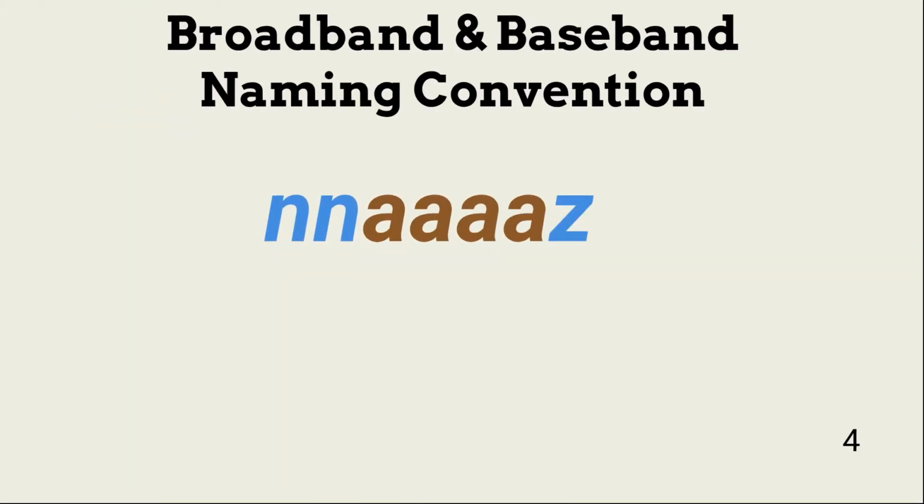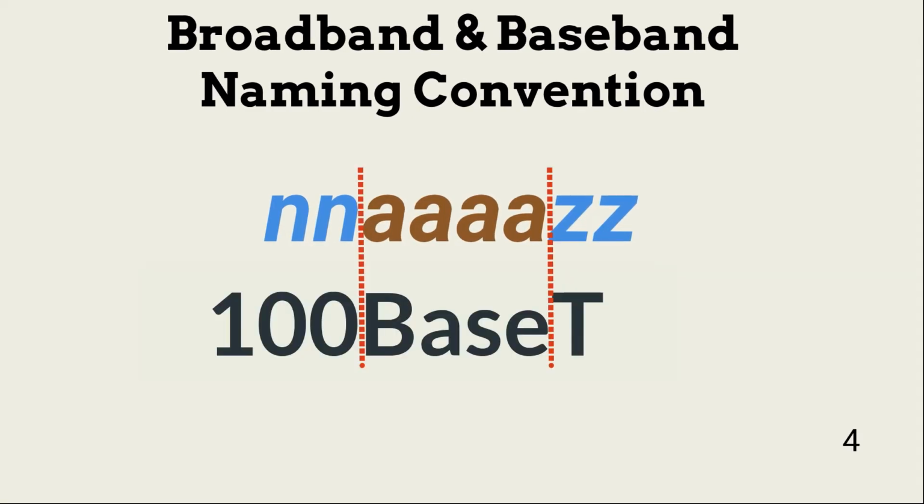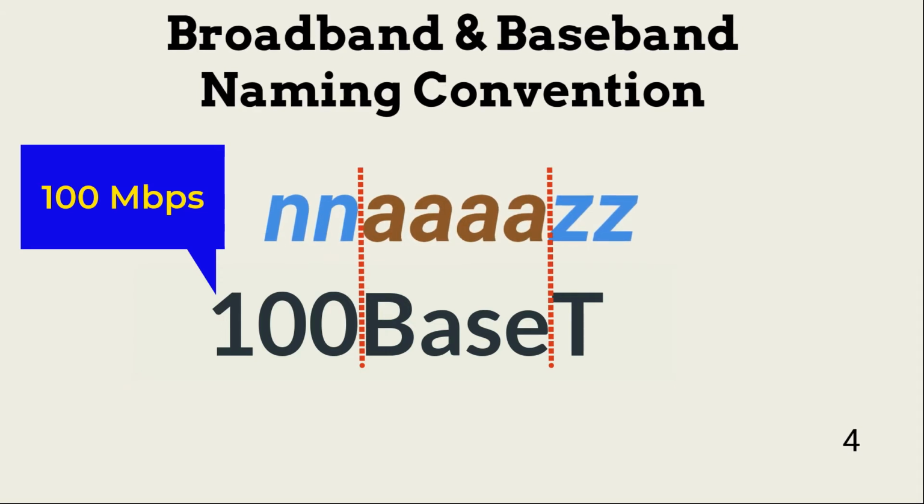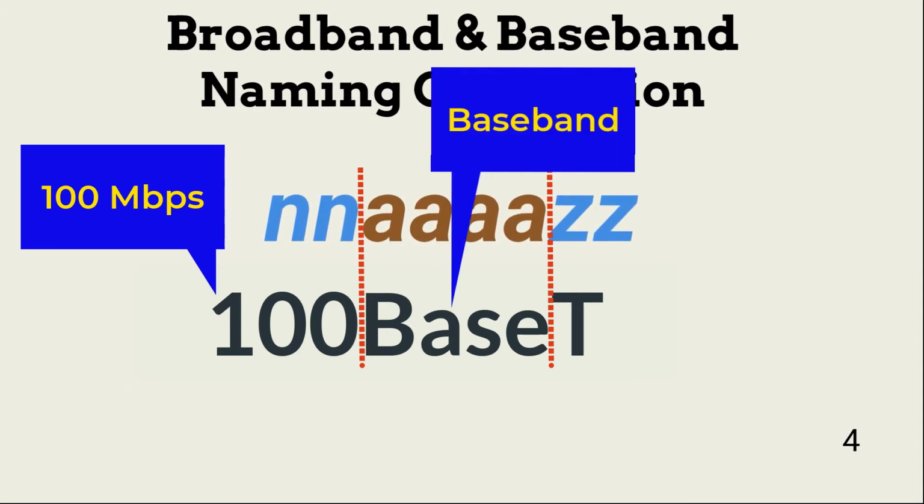Before addressing broadband and baseband cabling, we need to look at the related naming convention. An example is 100BASE-T, which follows the pattern NN AAAA ZZ. The numbers represent the maximum speed supported by our cable. In our example, the speed shown is 100 megabits per second. The A's indicate whether it is baseband or broadband cable.